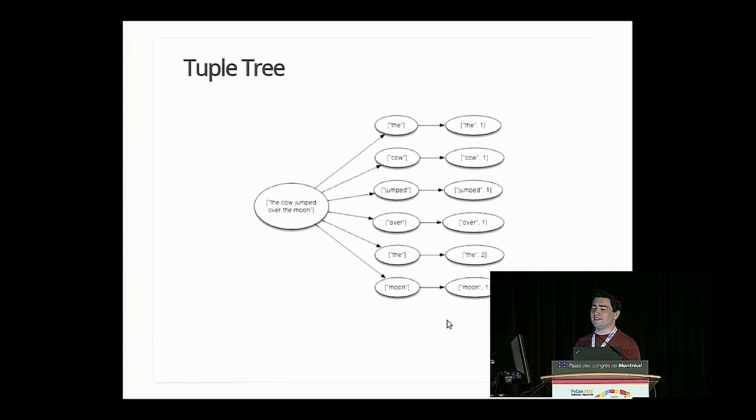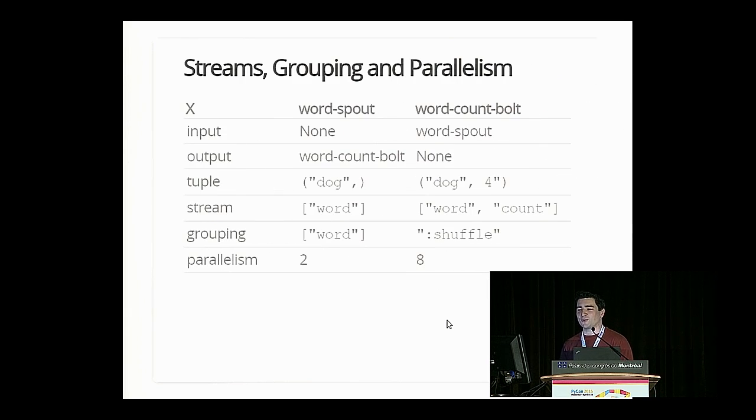So it'll know that the cow that happened in processing stage 2 actually came from the sentence in processing stage 1. And then if a later stage does a word count, where it notices that cow only occurred once in your data, it'll also keep track of the fact that there was a tokenized word cow and a sentence that originated it. That'll be important later when I describe how reliability works.